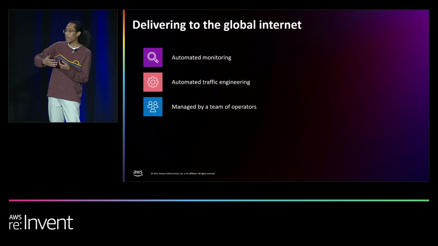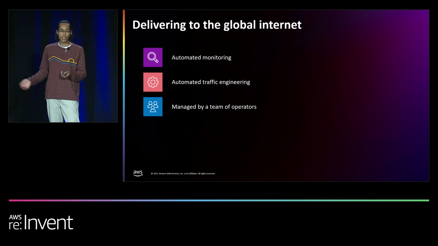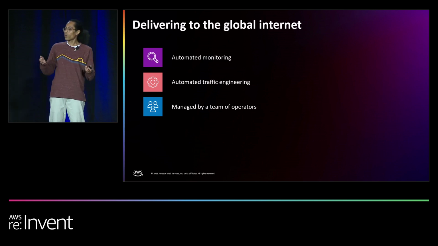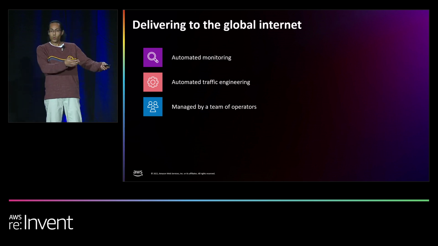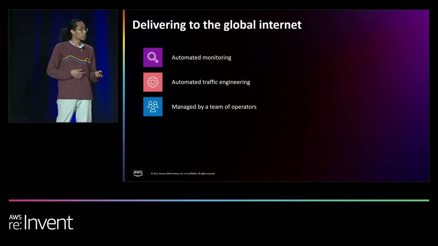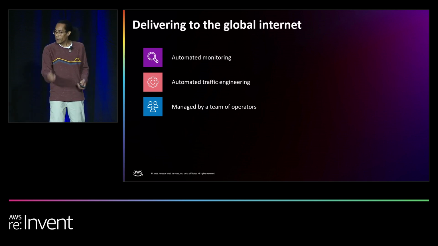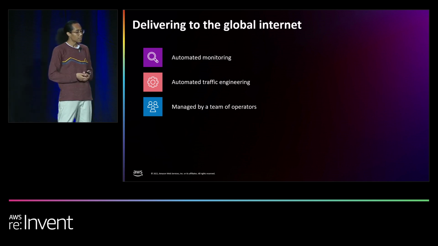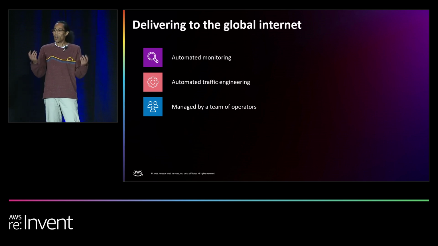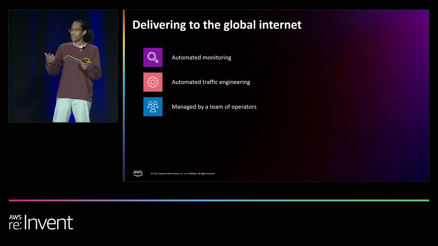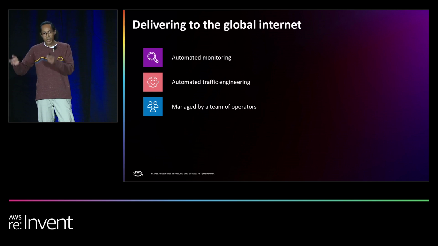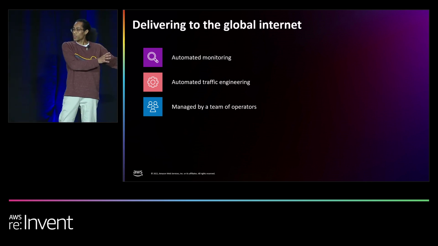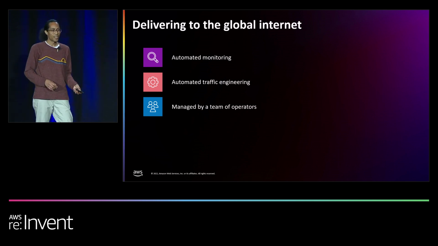Not only have we enhanced those monitoring capabilities, we've also built automated traffic engineering so that we have systems that look at those monitoring results and place traffic on the right path to reach its intended destination. And all of these automated tools are managed by a team of operators to continue to maintain the health and availability of these large-scale services that we've been running for years.